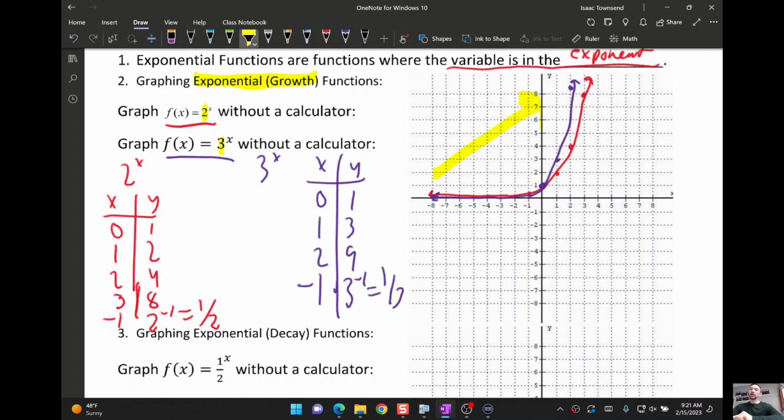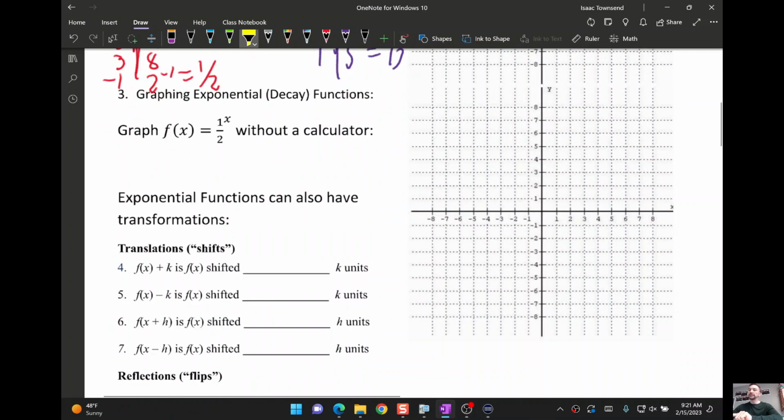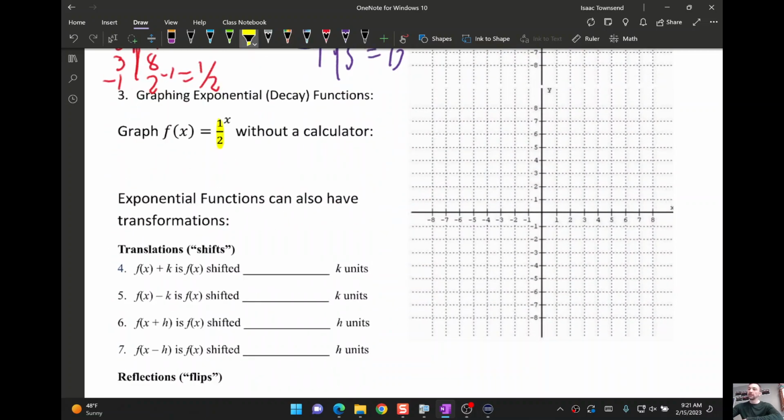Now, if this number under the x, the base, is less than 1, this is what we call exponential decay. And you could do the same thing, but 2 to the x and 1/2 to the x. We'll talk about why, with exponent rules, in a minute. But this is really just a y-axis reflection.